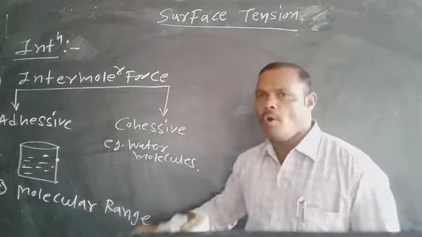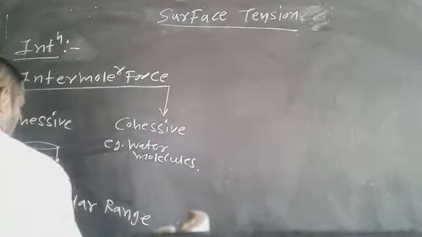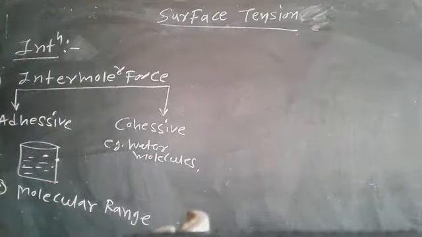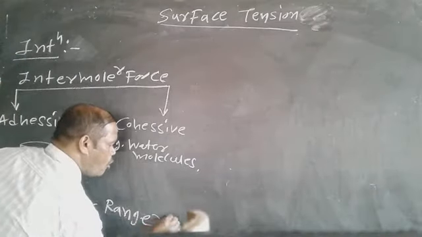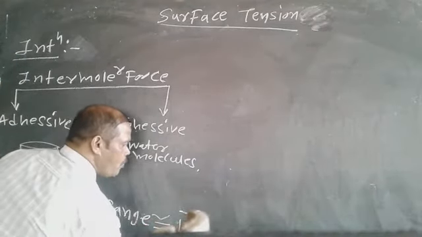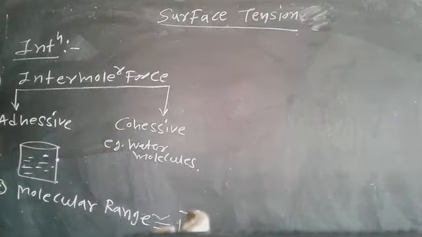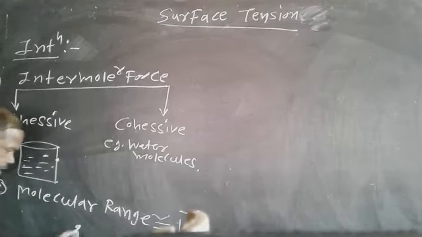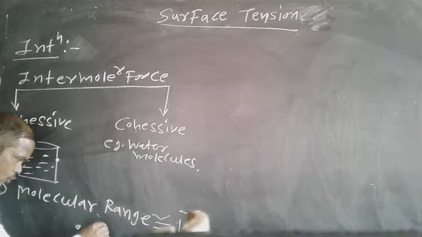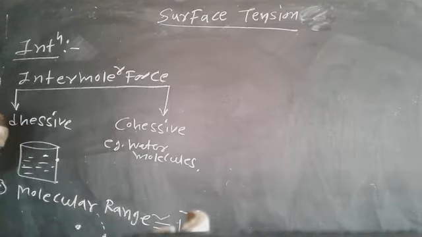called as molecular range. And the molecular range is of the order of 10 raised to minus 9 meter. For example, if we consider this as a molecule, then this molecule can attract this molecule up to this distance.